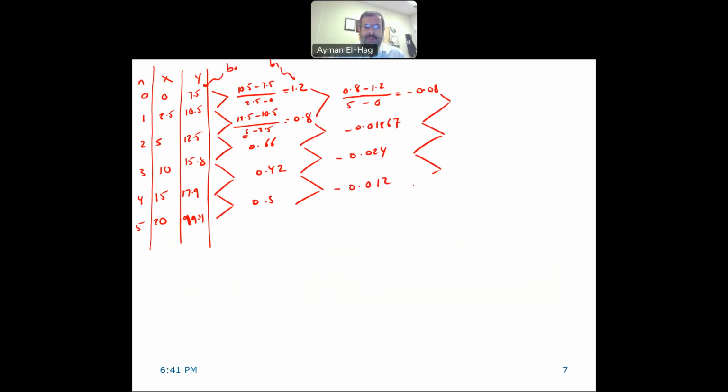Continue. So we will have this minus this, okay, and divided by the interval. Now it's not from 5 to 0, it will become from 10 to 0. And now let's just have the values: 0.00613, minus 0.00043, and 0.00008.